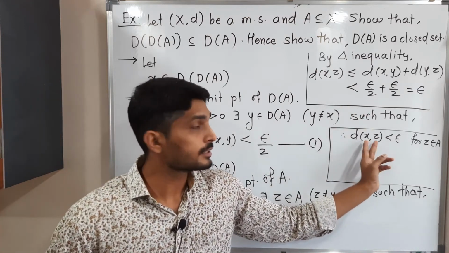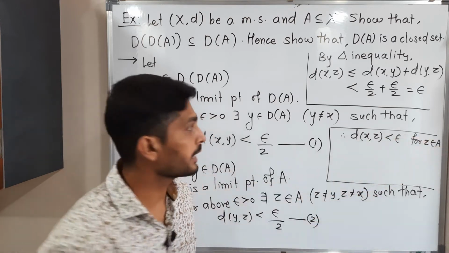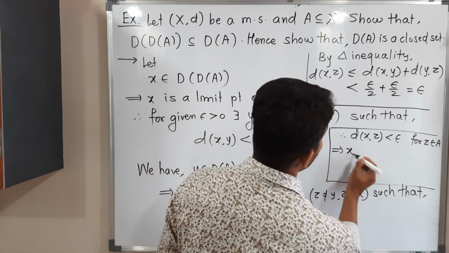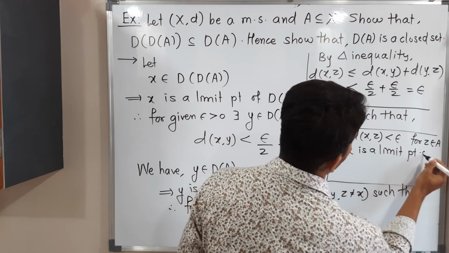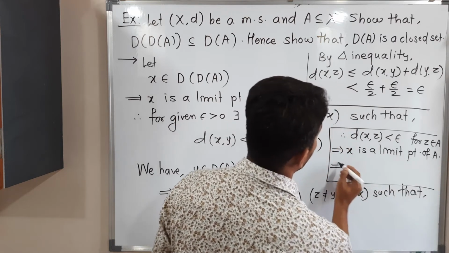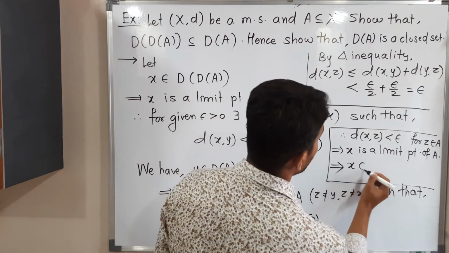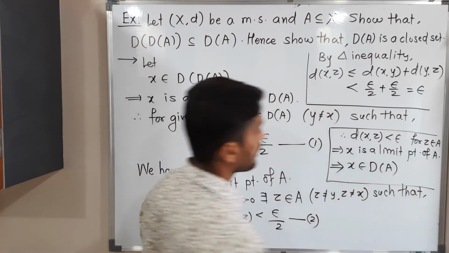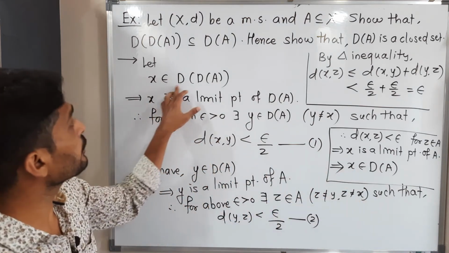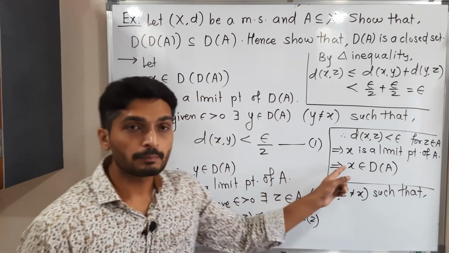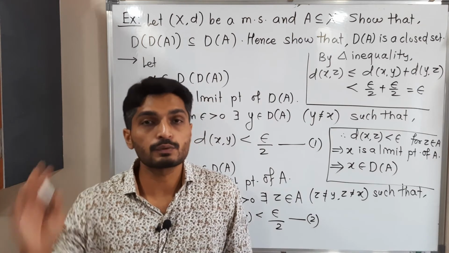Here the distance between x and z is less than epsilon and z belongs to A. This means x is a limit point of A. Symbolically we can write x belongs to D of A. Basically we had taken point x from D of A and what we got belongs to D of A. So therefore D of A is a subset of D of A. In this way we proved it.